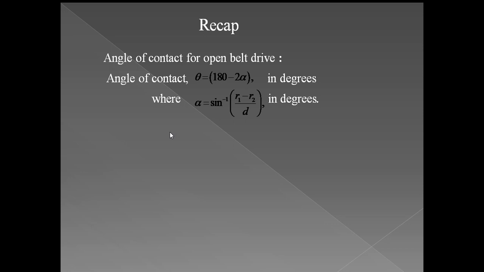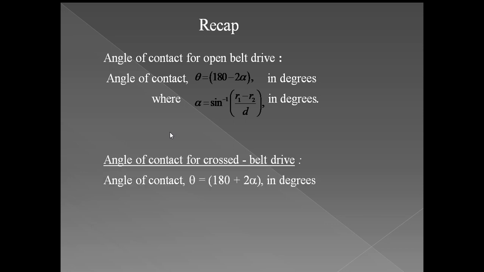Here theta is in degrees. For the crossed belt drive, theta is equal to 180 plus 2 alpha, where alpha is sine inverse of (R1 plus R2) by D.